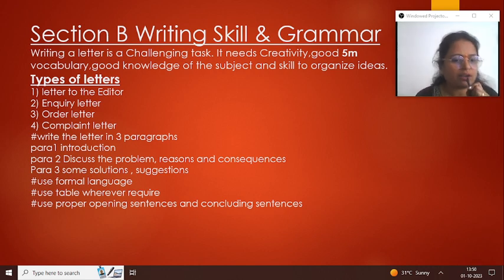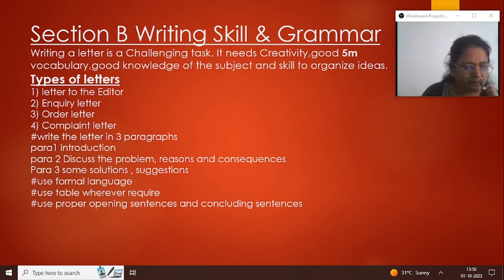Whenever you are writing an order letter or complaint letter, it compulsorily requires a table. Always remember, if you are ordering something, you need to mention it in table format only.